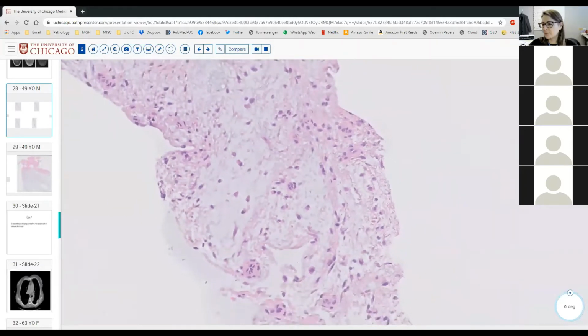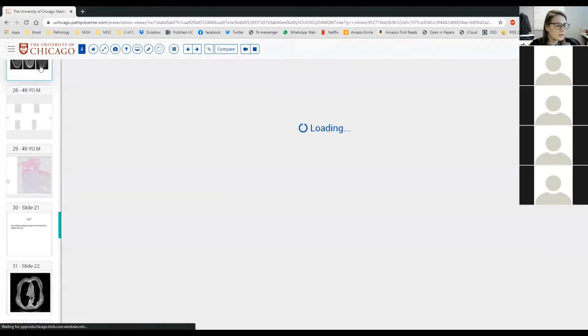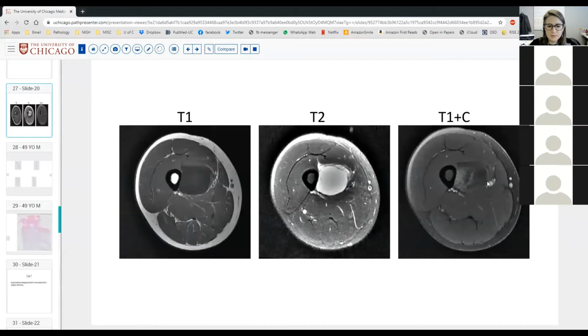Nerve sheath tumors usually enhance really brightly on imaging too, for what that's worth. And this was enhancing? It barely had any enhancement around the edge. Oh, that was the one with the, okay, got it. So that would be the T1 plus contrast, got it.